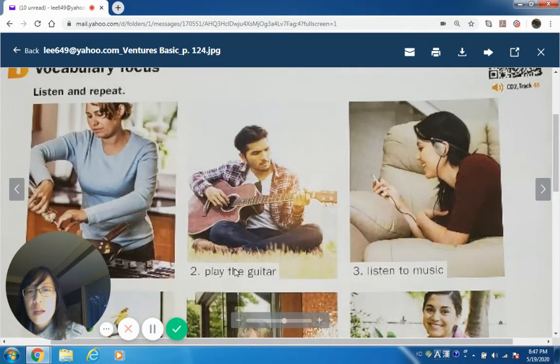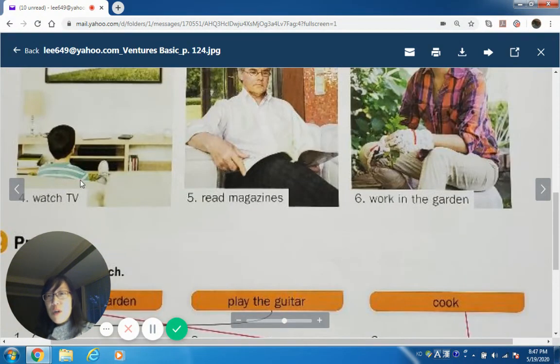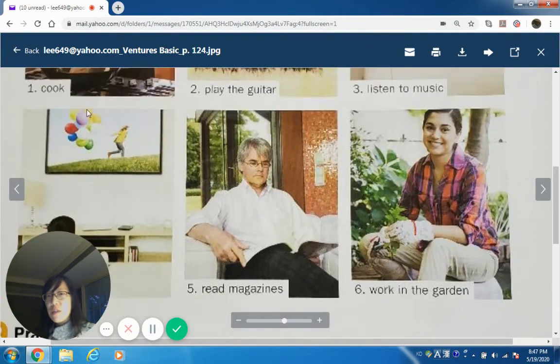And he's playing guitar. That's what he likes to do in his free time. Number 3, she likes to listen to music. She's wearing a headphone, looks like. Or maybe it's an earphone. And number 4, he likes to watch TV. This TV looks like it's mounted on the wall.